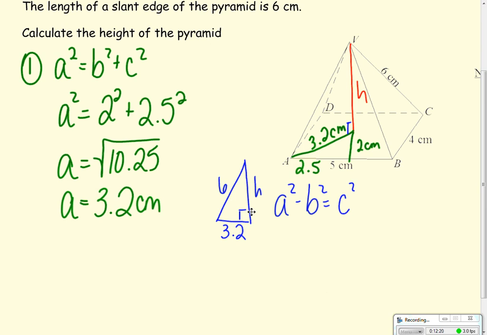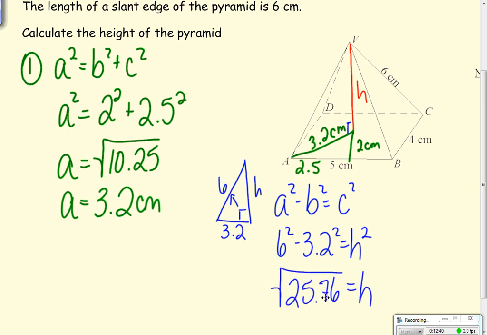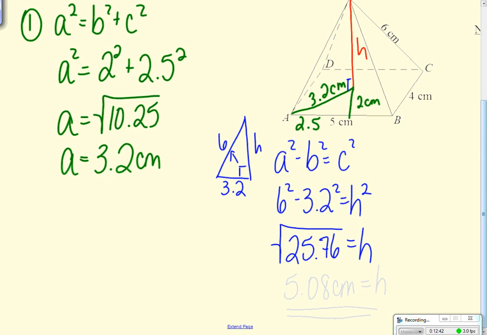Because 6 is across from the right angle, that makes it the hypotenuse. So we're going to be subtracting. So we've got a squared minus b squared equals c squared. When we put the numbers in, what we get is 6 squared, take away 3.2 squared equals h squared, h for height. That gives us the square root of 25.76, and when we take that square root, we get 5.08 centimeters.